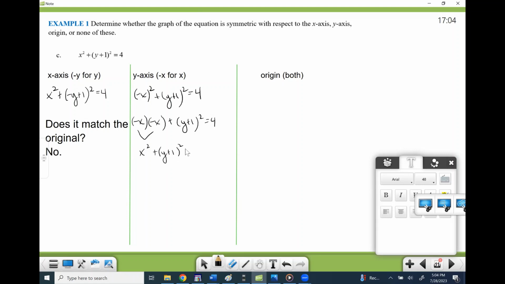So we can see, hey, this does match the original. So we do have symmetry to the x-axis. I mean, to the y-axis.